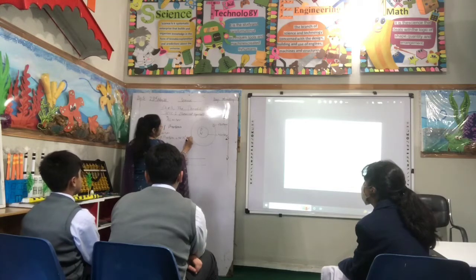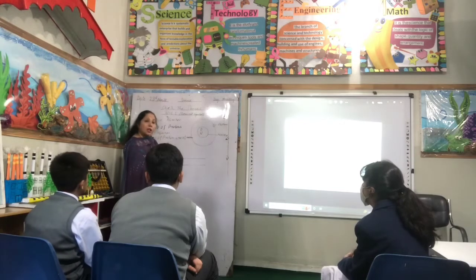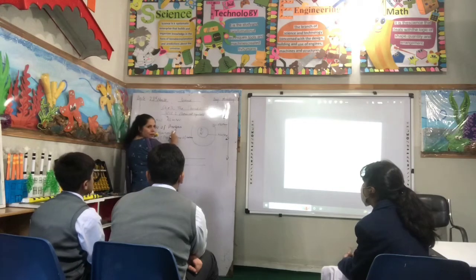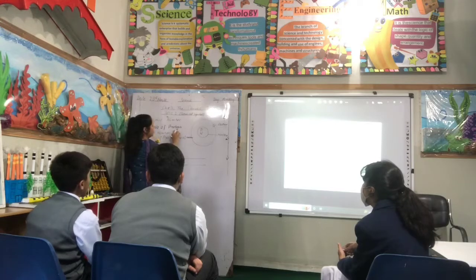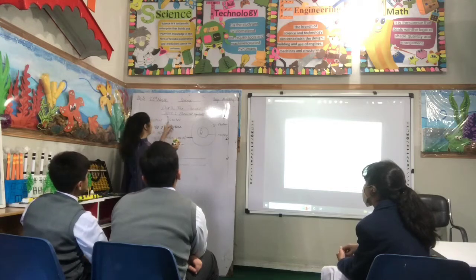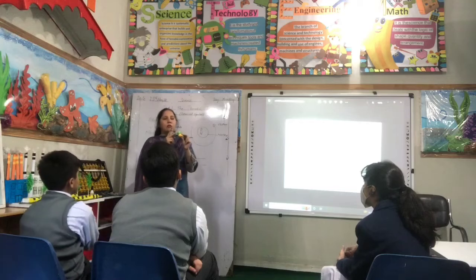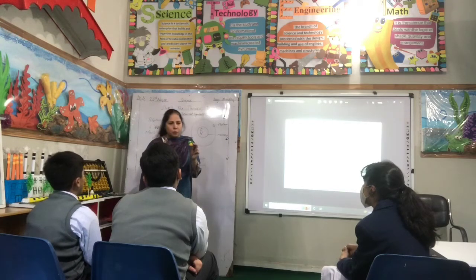Teacher, can I ask something? Yes. Atomic number is only about protons. See the difference, it is a sharp difference. In the atomic number, we can only count the number of protons.